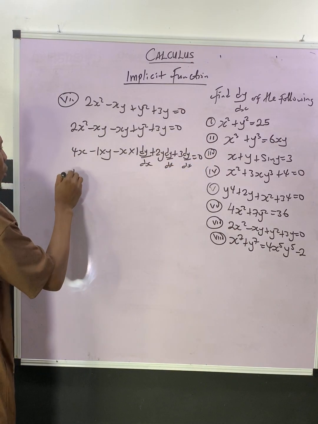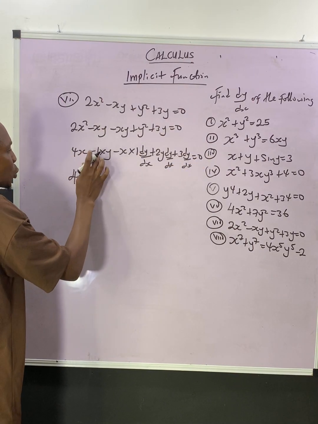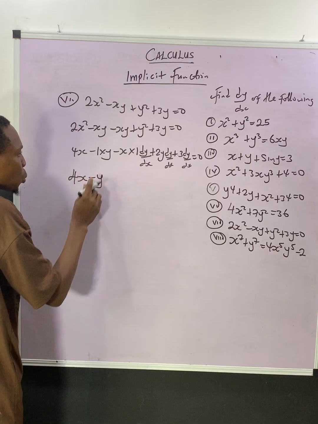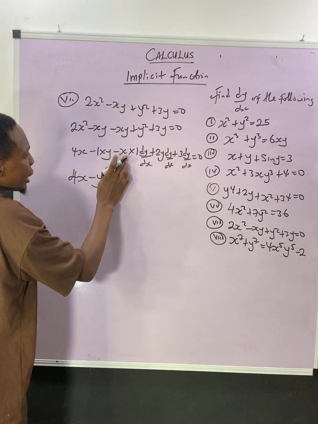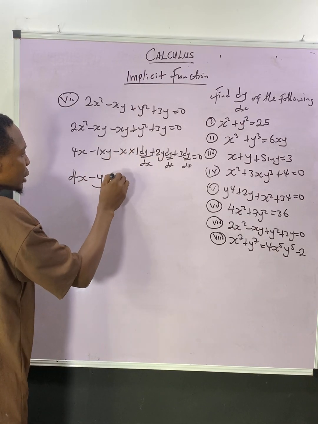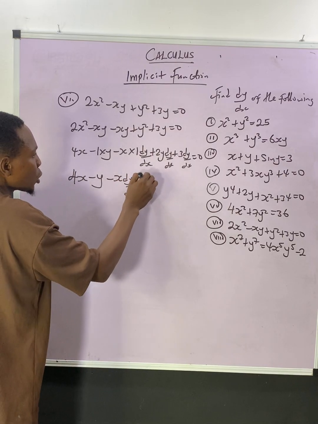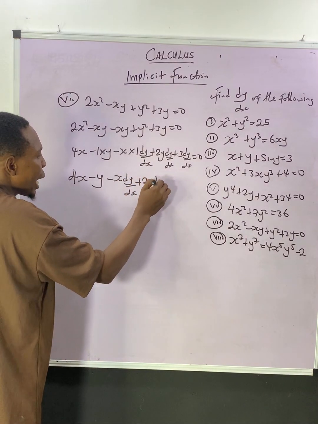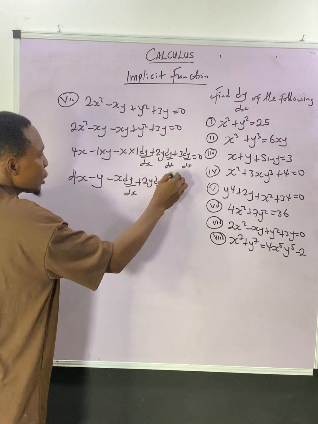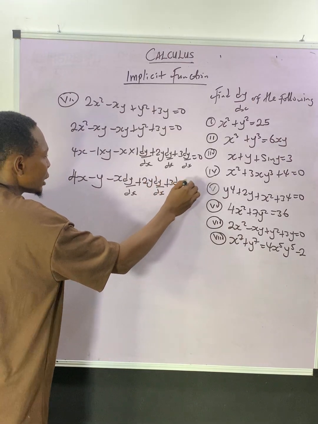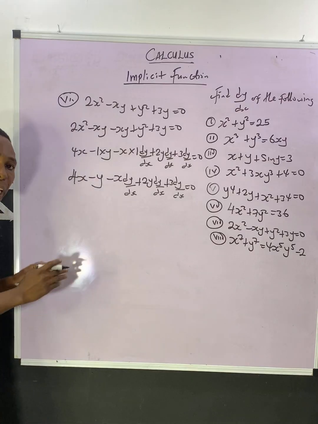From there, we have 4x minus 1 times y, which is minus y. Then minus x dy/dx, plus 2y dy/dx, plus 3 dy/dx equals 0. Now we collect like things.